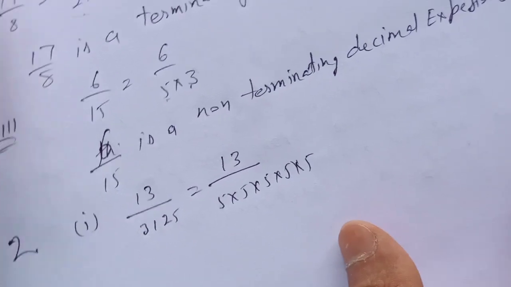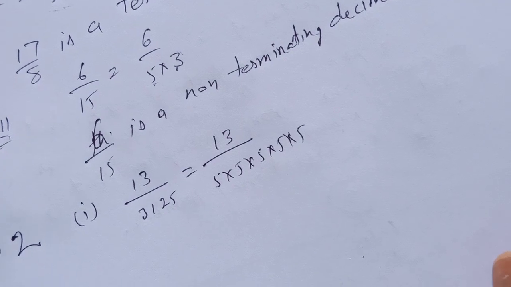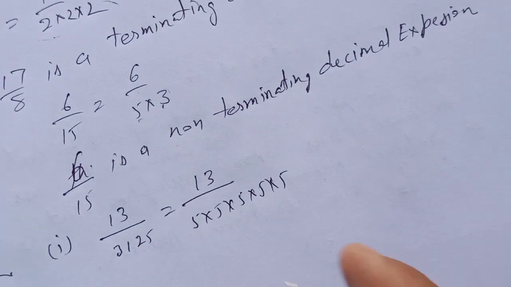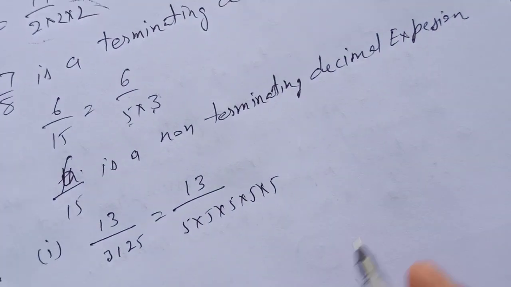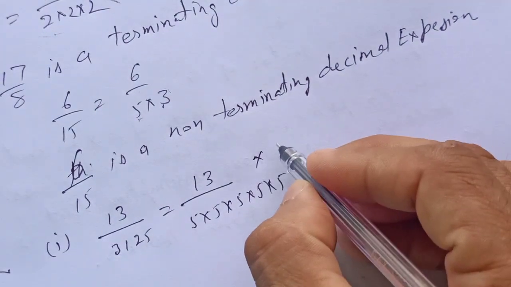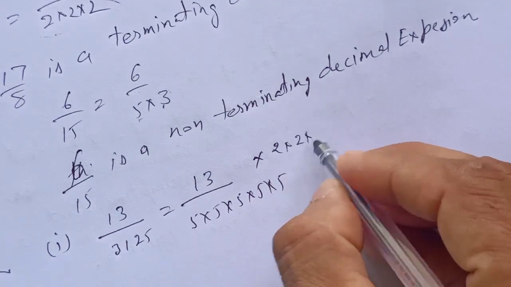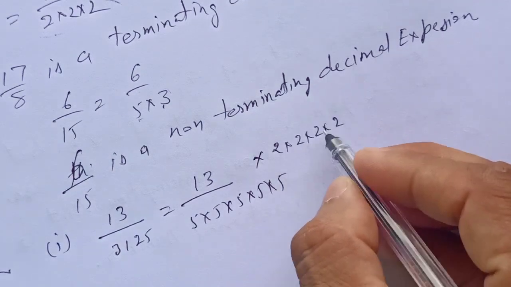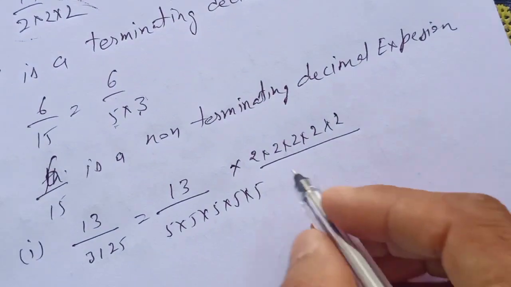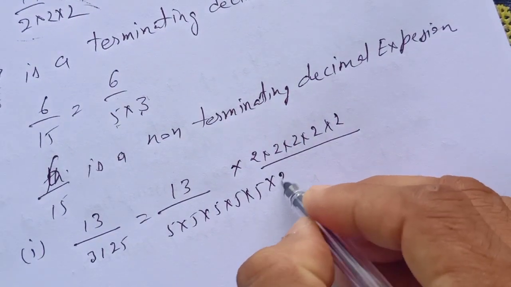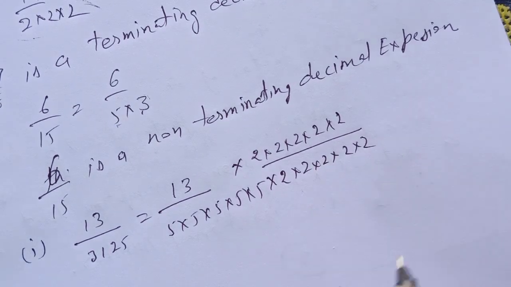We have to write it as a terminating decimal expansion. But if we divide 13 by 3125, it's a very long process. So we multiply by 2 into 2 into 2 into 2 into 2 and also divide by 2 into 2 into 2 into 2 into 2.